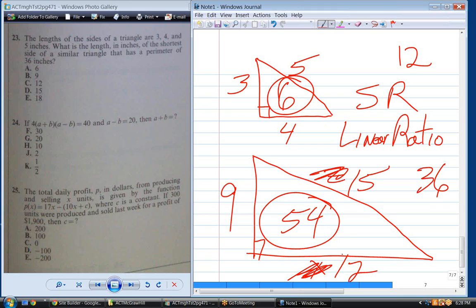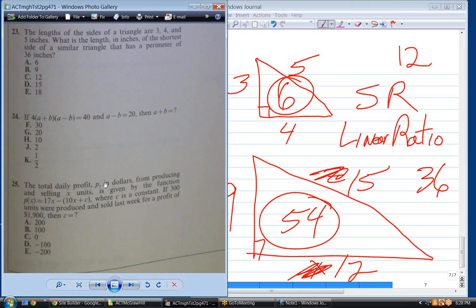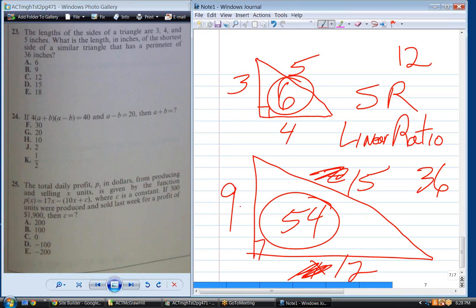If you go from a linear ratio, the area ratio is always going to be the square of the linear ratio. But we didn't even need to know that for this problem. We just needed to know that we were dealing in linear ratios. The perimeter ratio has to be the same as the similarity ratio.